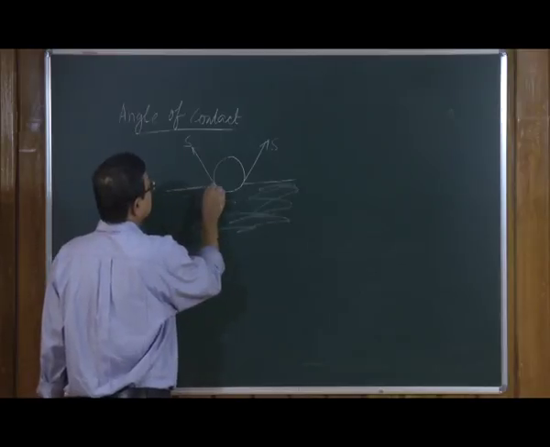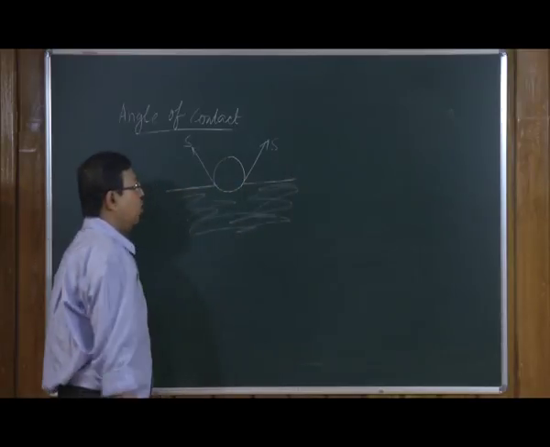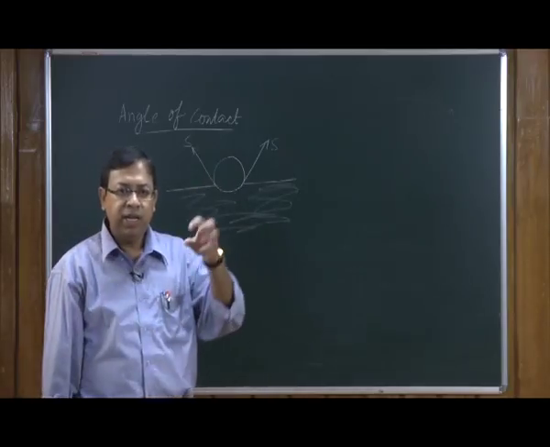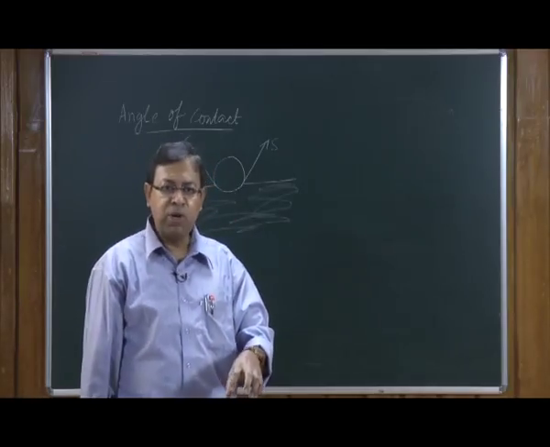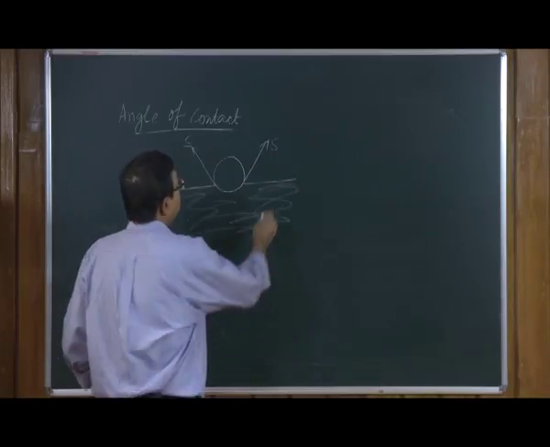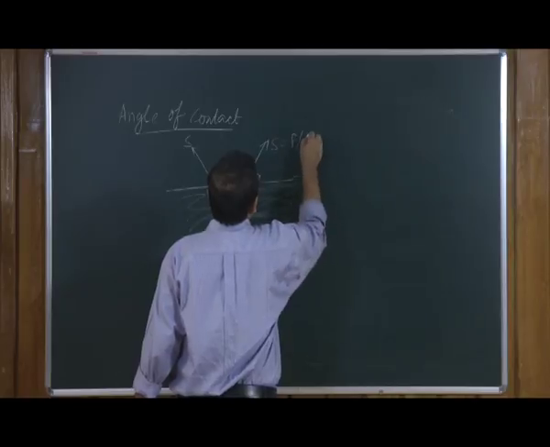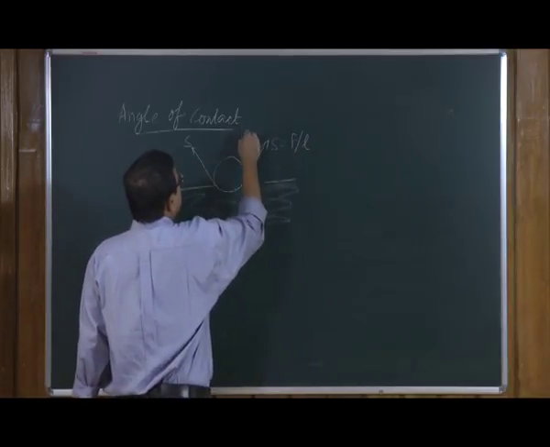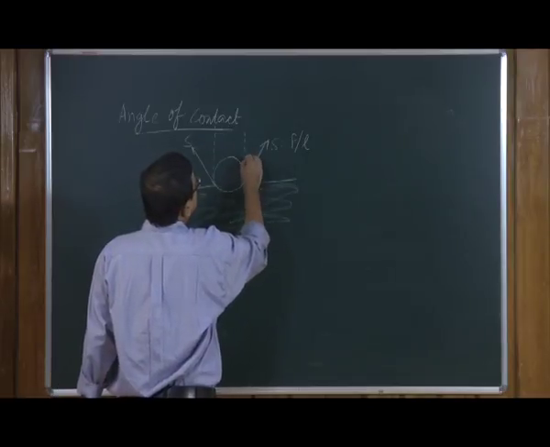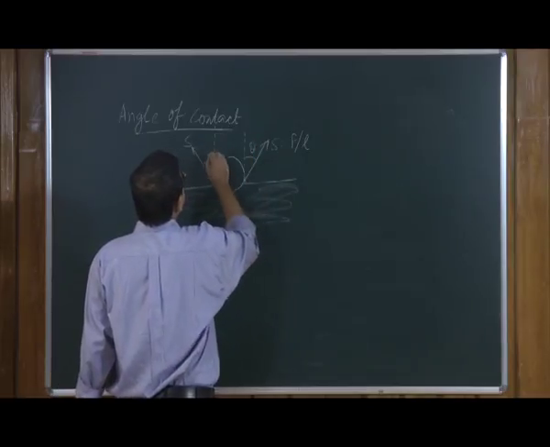So, this is the surface and the liquid is below, and this water filled balloon is not getting submerged, rather it is floating, because the surface tension is acting, which is equal to F over L, and the angle of contact is given by theta.